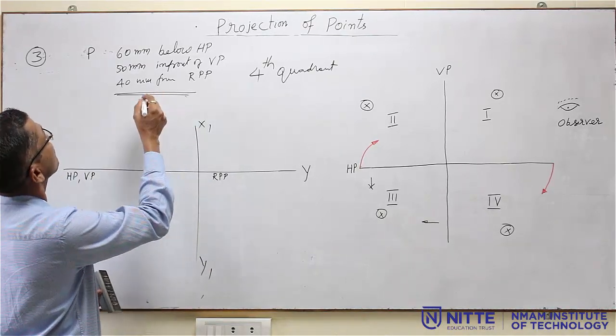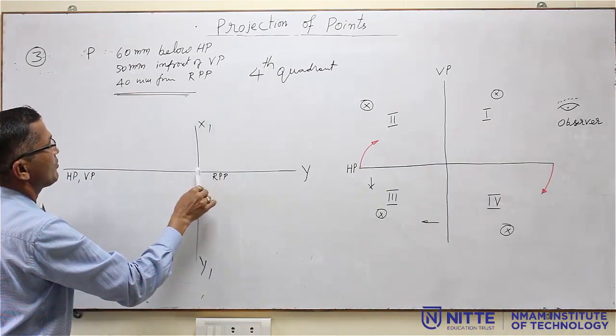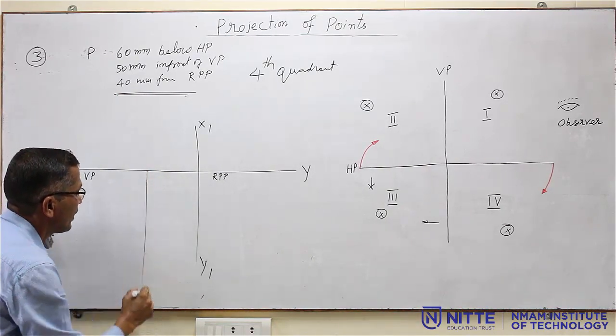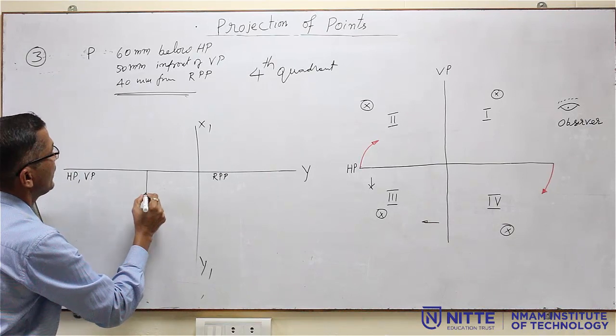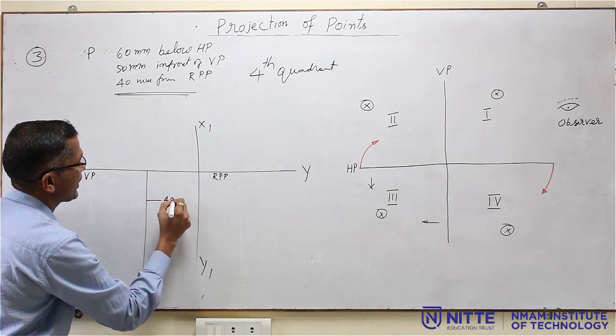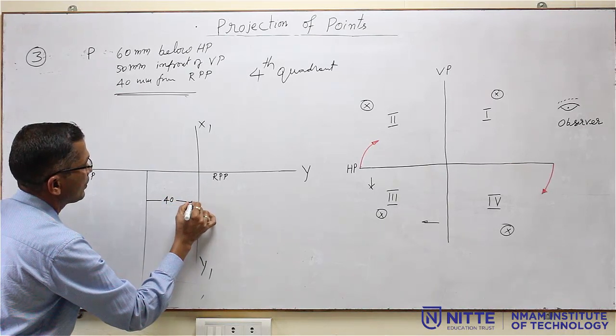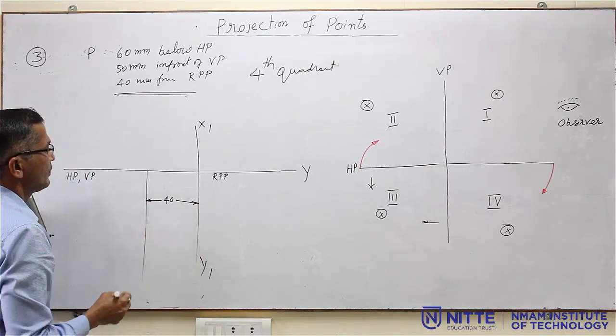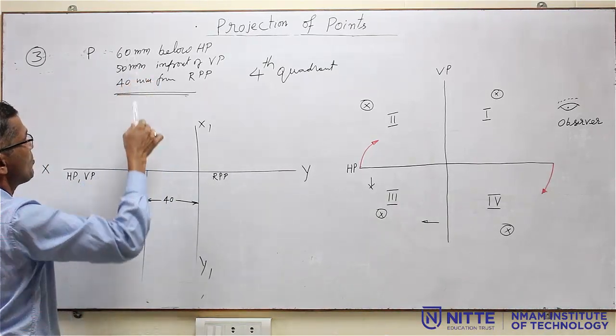Now, the distance from the profile plane is 40 mm. That means from here you have to measure a distance of 40 mm and draw a line, and give the distance. This is 40 mm. Then 60 mm below HP.